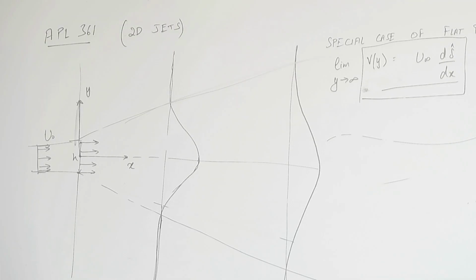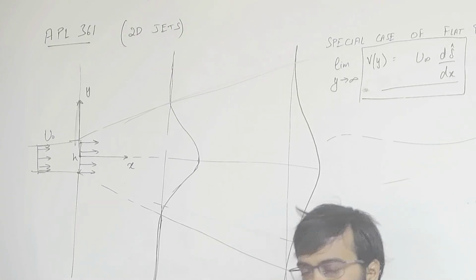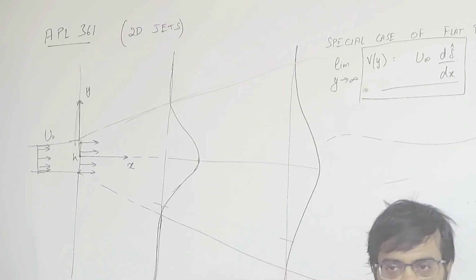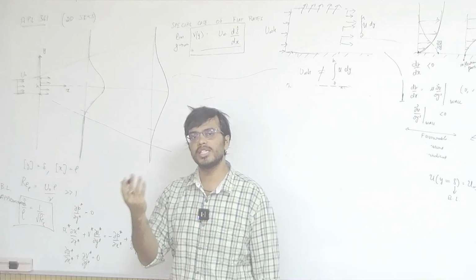As you move an equal amount in x, you may not see much change in the flow, but if you move an equal amount in y, you will see a very large change in the flow. So intuitively, the idea of boundary layer approximation is that the change in the x direction is very small compared to the change in the y direction.